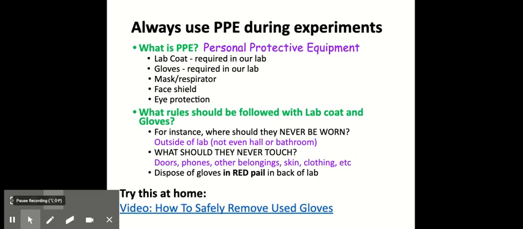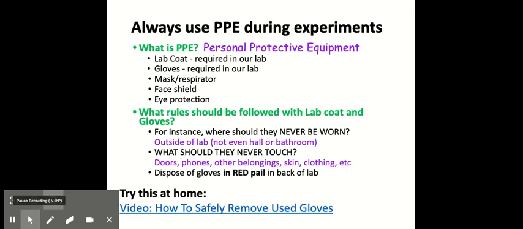So what rules should be followed with a lab coat and gloves? They should never be worn outside of the lab, not even out in the hall or in the bathroom. They should never touch doors, phones, or other belongings, and should never touch your skin or clothing, because they can be carrying bacteria that could be spread to other places.